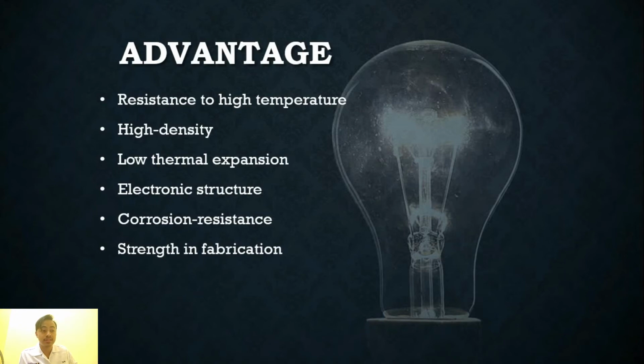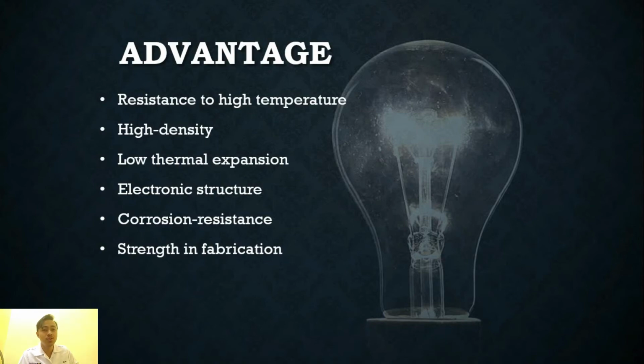For example, high resistance to temperature: tungsten is used in the light bulb, where when you connect the light bulb to electricity, the tungsten will be heated, and then the heat produces the light. If tungsten could not withstand that heat, it would break. This is why it's very, very difficult to melt tungsten.